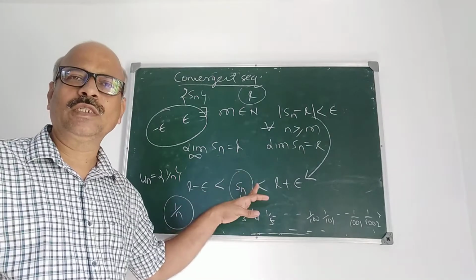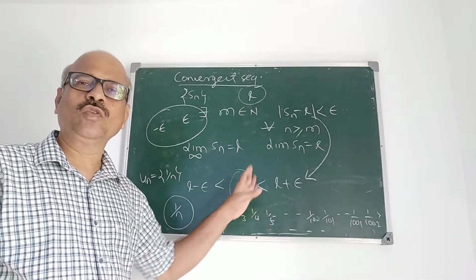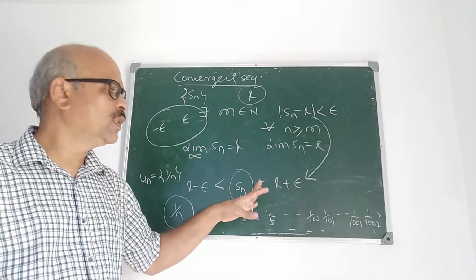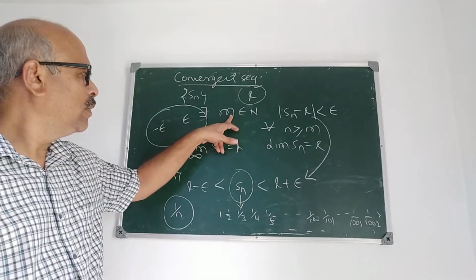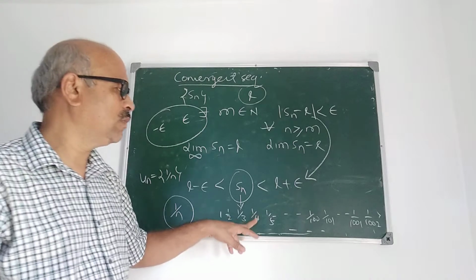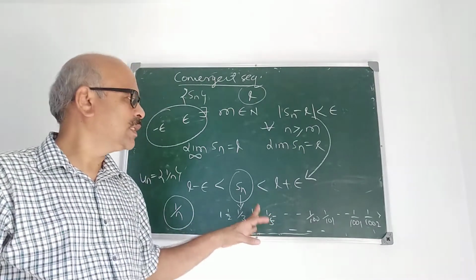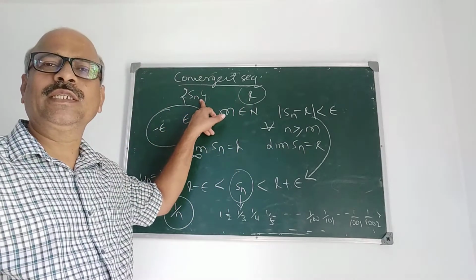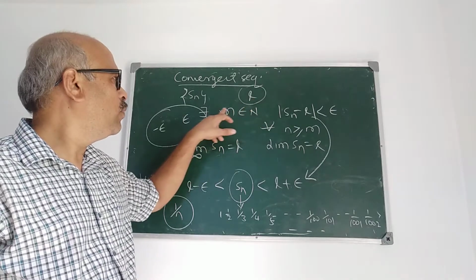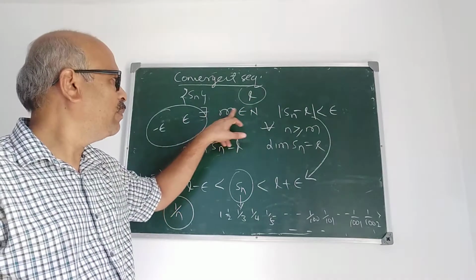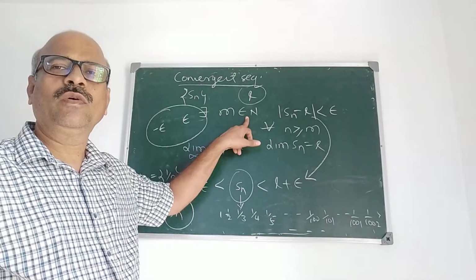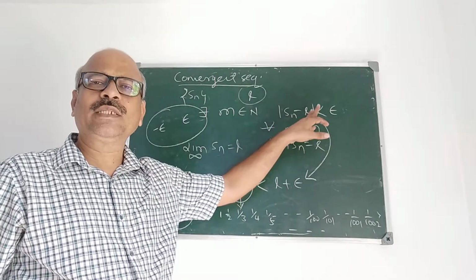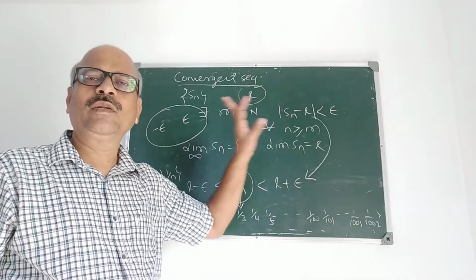But to test the convergence, we cannot use only the definition. We have some other tools or methods to discuss convergence. Only to explain when we say that a sequence converges, I have taken this example. So when do you say that a sequence converges? A sequence Sn is said to converge to L if for m belongs to N, however large, there exists epsilon greater than 0, so that mod Sn minus L is less than epsilon for all n greater than or equal to m.